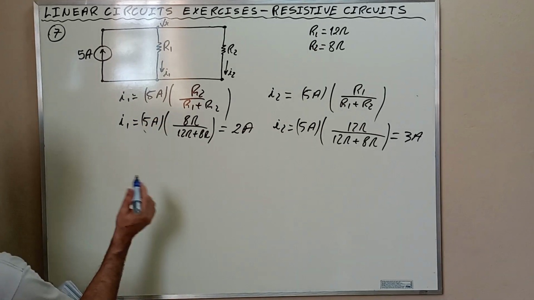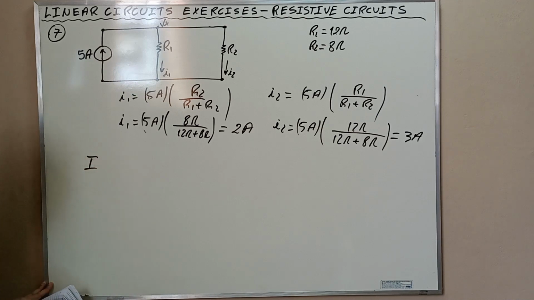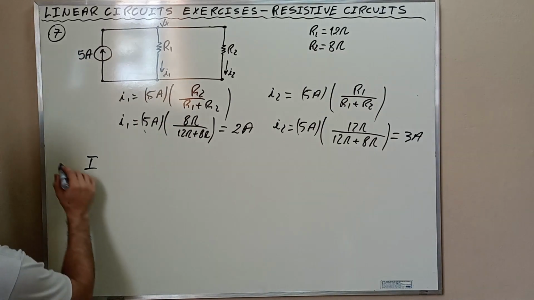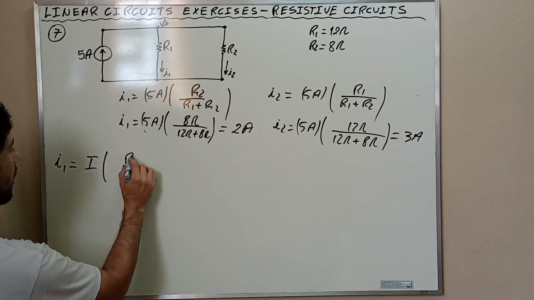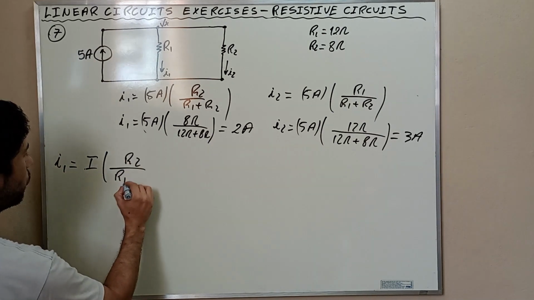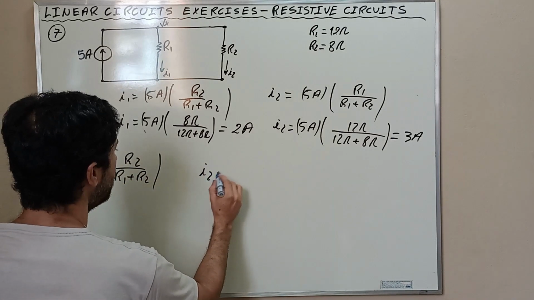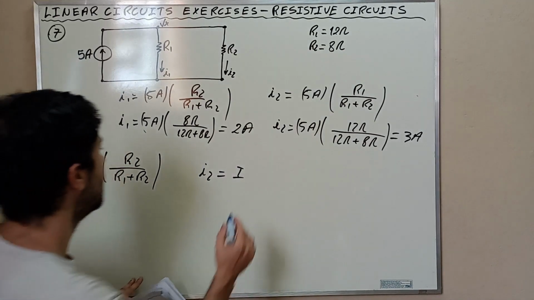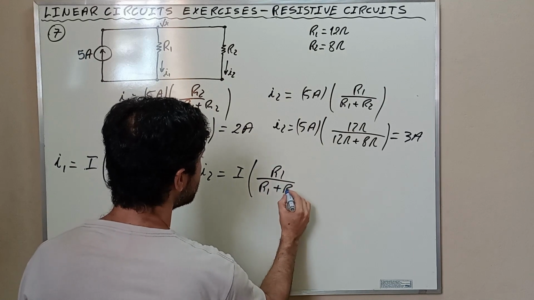I have a current source. Let's say I is the current of the current source. If I want to calculate I1, it is going to be equal to I times R2 divided by R1 plus R2, and for I2 I calculate I, which is the current of the current source, times R1 divided by R1 plus R2.